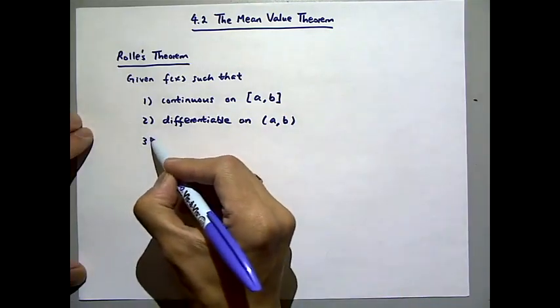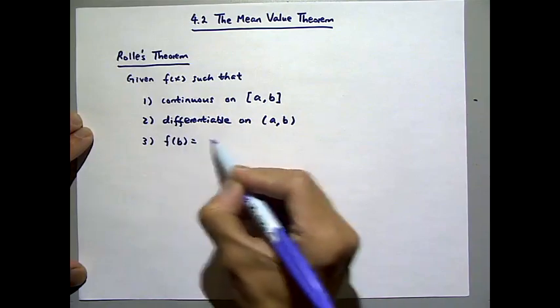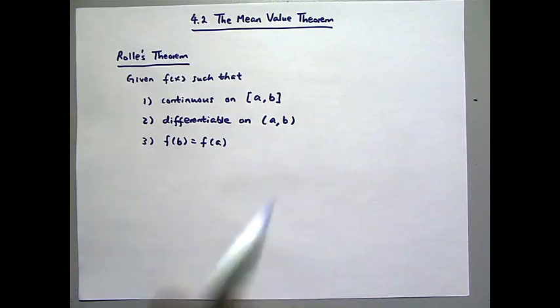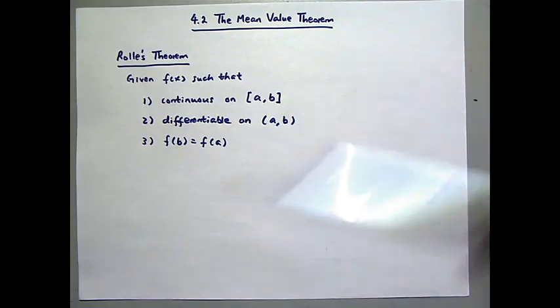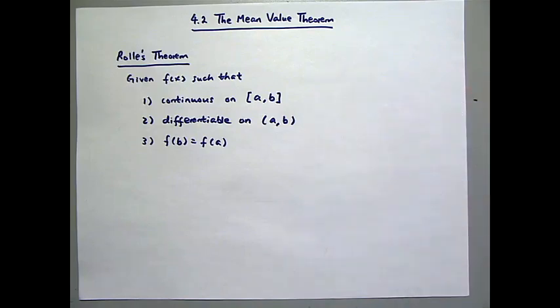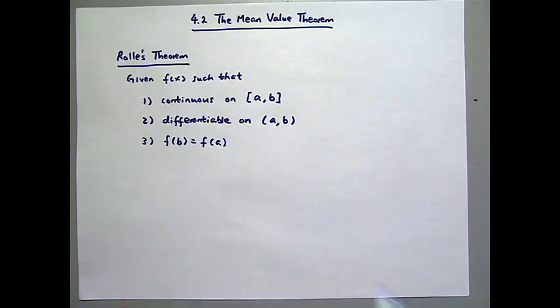And three, we want this function to have the same end y value. We want f at a to be equal to f at b. If all three of these conditions are met, the function is continuous, no holes, no asymptotes, no jumps of any sort. Differentiable meaning it's smooth, no cusps, no corners, and the same y values at the endpoints.